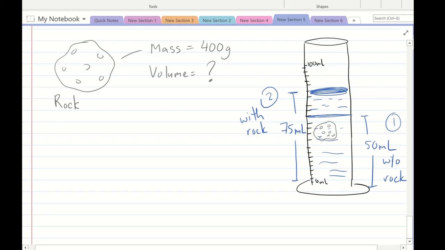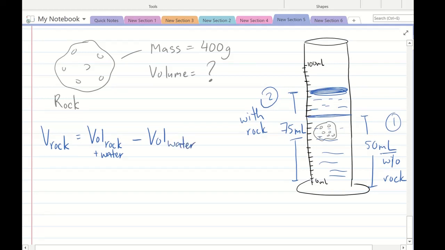It rose up to a higher volume, because remember, volume is in milliliters. So how do you find your volume? The volume of the rock is going to be the volume of rock and water minus the volume of just water by itself.